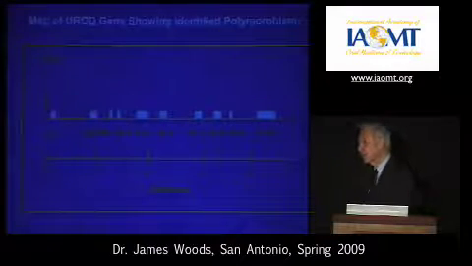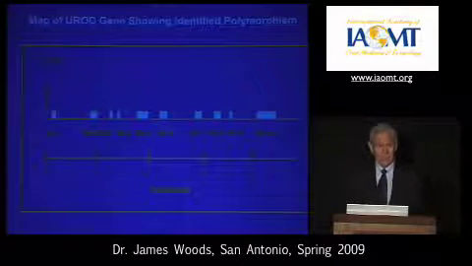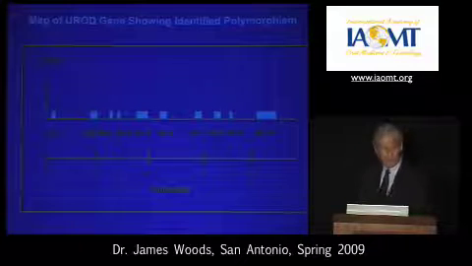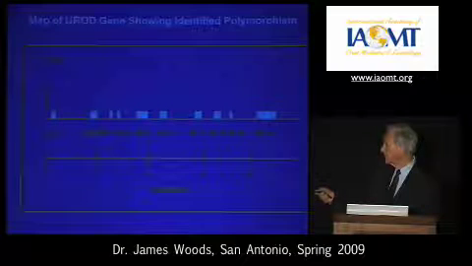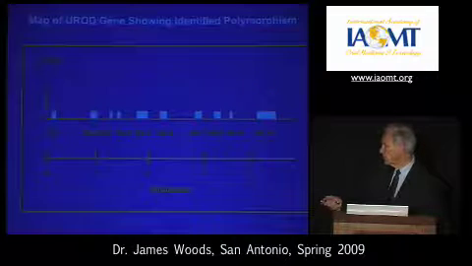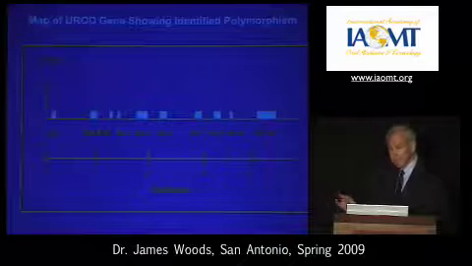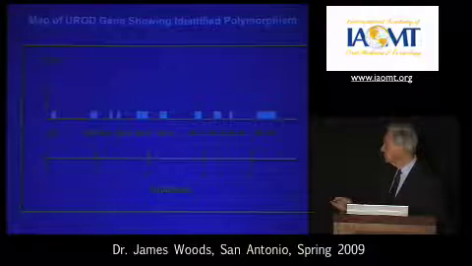So we went back to this entire cohort. There were over 500 subjects in this study, and we genotyped every single one of them. And we looked at the uroporphyrinogen decarboxylase gene to begin with. That's the first one that mercury inhibits to cause a big increase in pentacarboxyl porphyrin. And here we found no polymorphisms at all.